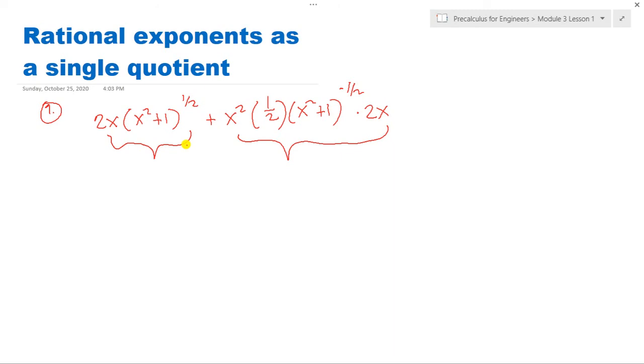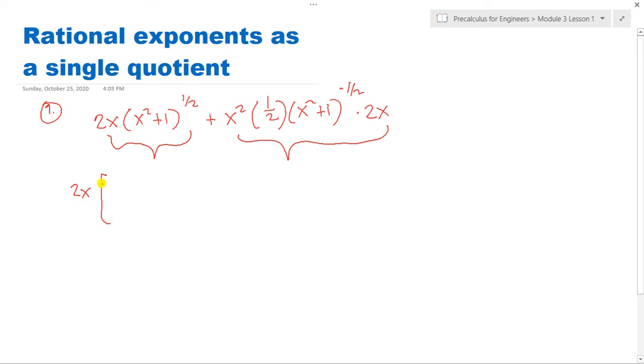Because when it is 1/2, if you factor out the 1/2, it is bigger. Because if you factor out the negative 1/2 instead, it will become 0. So in this case, we just factor out 1/2 first. So we have here 2x.